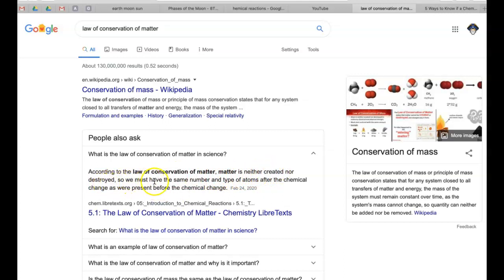So we must have the same number and type of atoms after the chemical change as were present before the chemical change. So rust, the rust isn't just coming out of nowhere. It's not being created from nothing. It's the oxygen and the iron are just rearranging themselves to look and different and make rust, right?